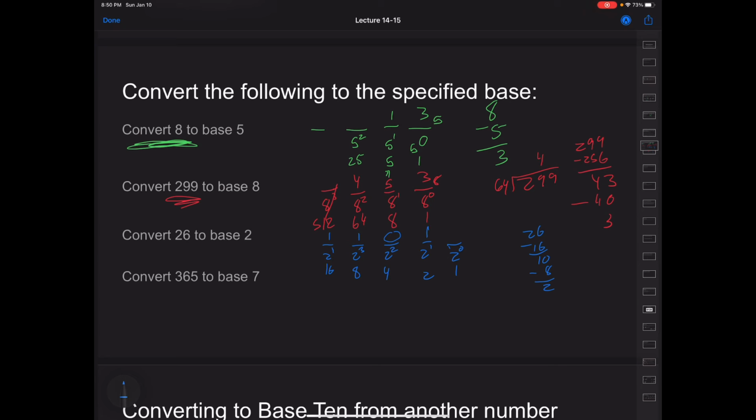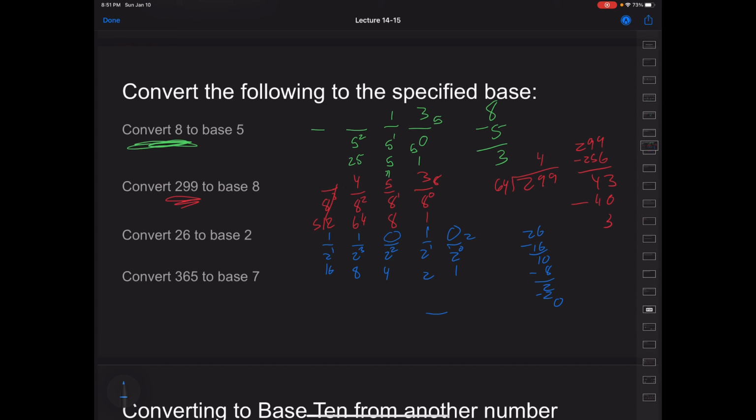There is 1 2. And then when we subtract 2, we end up with 0, so there's none left. So 26 in binary is 11010. This is in base 2. And now take a minute and see if you can do 365 in base 7.